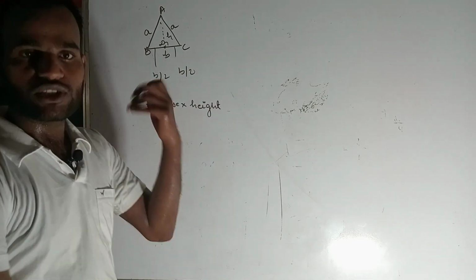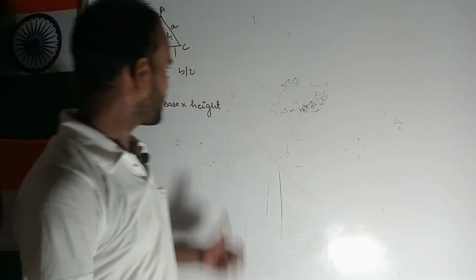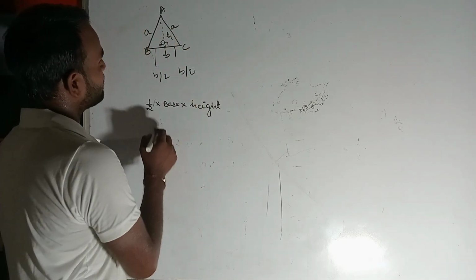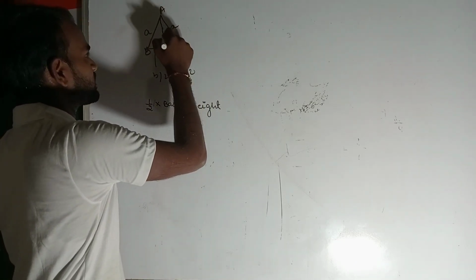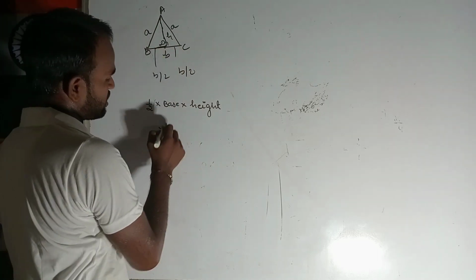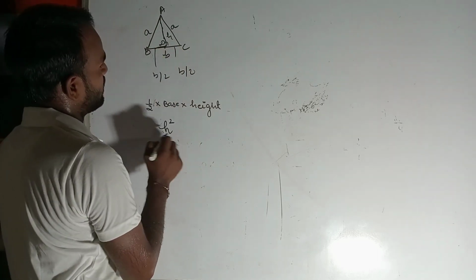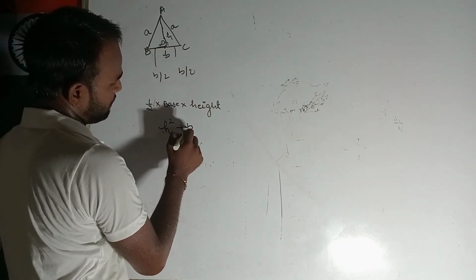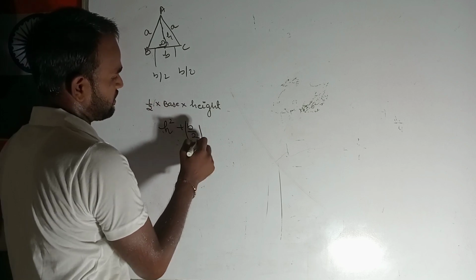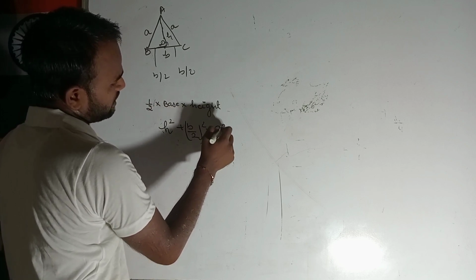Then we should find the height. So what will be the height? We will use the Pythagorean theorem in this triangle. h square plus (b by 2) whole square equals a square.